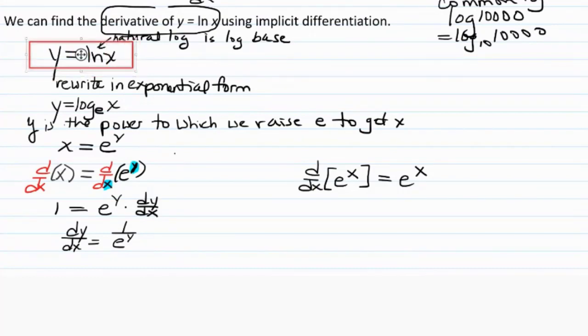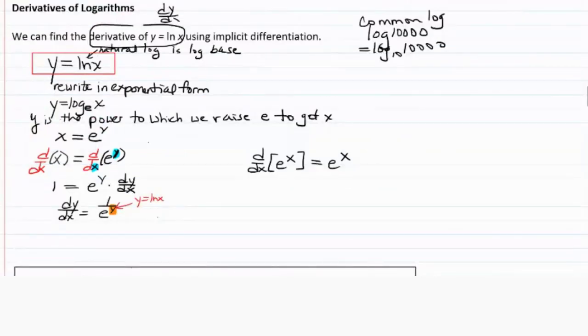That hasn't changed. It's still equal to the natural log of x. So we can actually replace y with what it's equal to. Y is actually the same thing as the natural log of x. So that means that dy dx is equal to 1 over e to the power of the natural log of x. Very good.